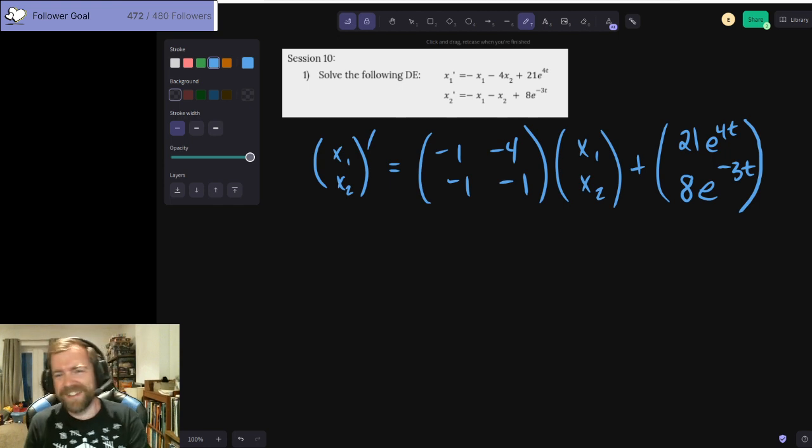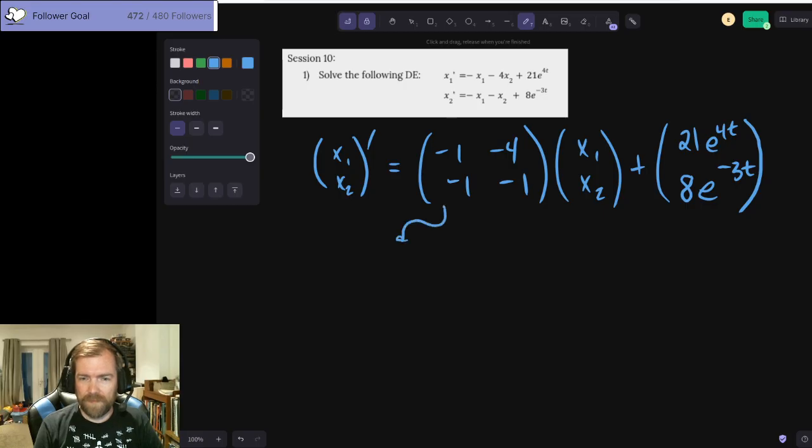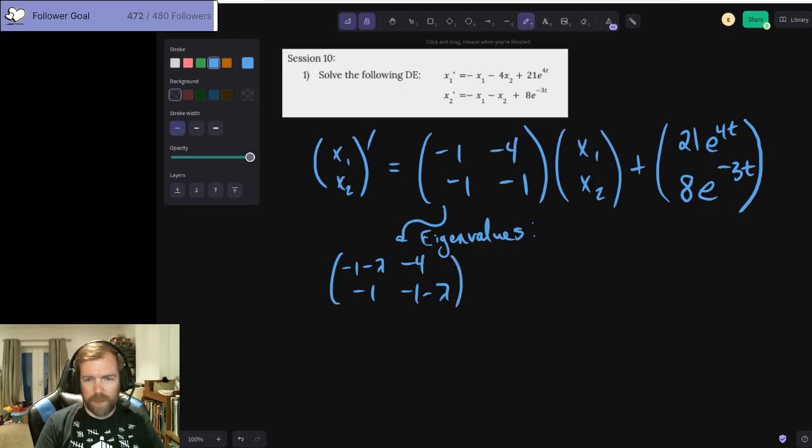Yeah. Well, okay, so we just need eigenvalues, I guess, for the homogeneous solution. Right. So in this one, we're looking at -1 minus lambda, -4, -1, and -1 minus lambda. Yep. And we would like this to be what?